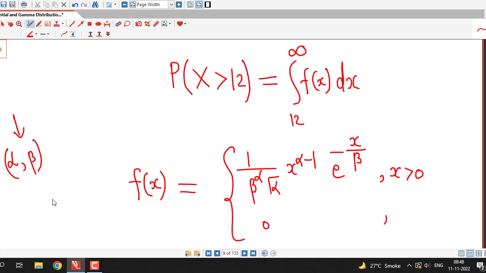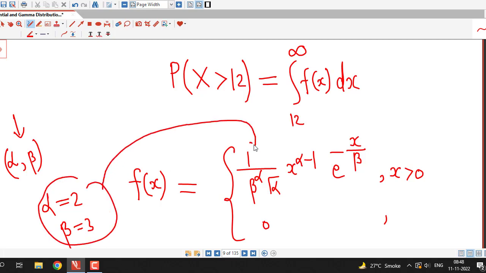So we have to put values of alpha and beta, which are given as alpha equal to 2 and beta equal to 3. So we will put these two values in f(x), and whatever function we obtain, we will integrate from 12 to infinity.